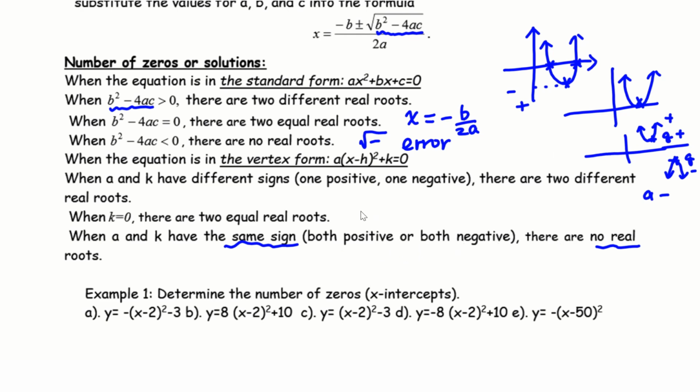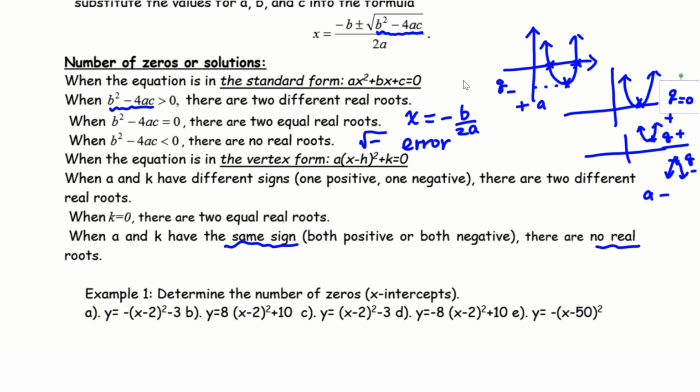And if the q value is 0, the vertex will be on the x-axis, so you have only 1 zero or 2 equal zeros. If different, so q value is negative and a value is positive, different, then you will have 2.